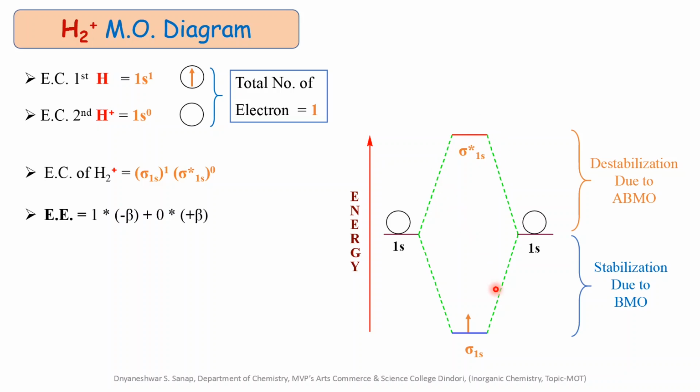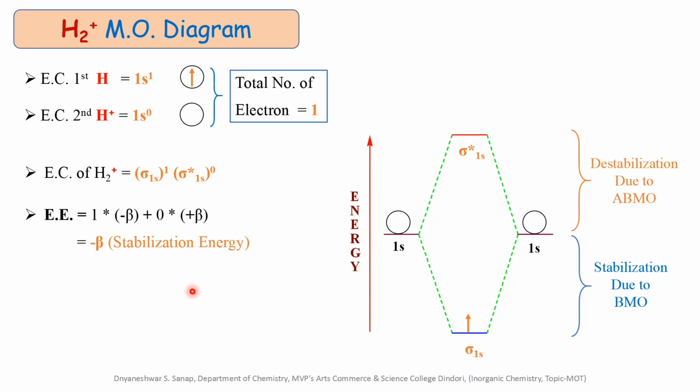As we know, only one electron is present in the bonding molecular orbital, and we put this value in the formula: 1 into minus beta plus 0 into plus beta. As a result, we get minus beta as the stabilization energy. That means the molecule is formed to some extent.